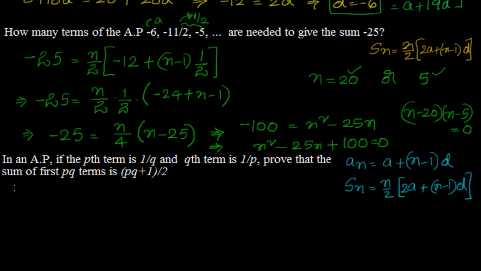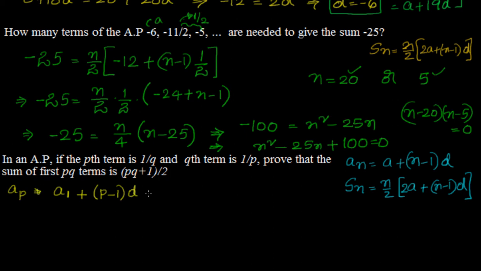If the pth term, so I will say ap is equal to, what is the ap formula? Let us say the first term is a1, plus n minus 1, what is n here? p. So p minus 1 into d.